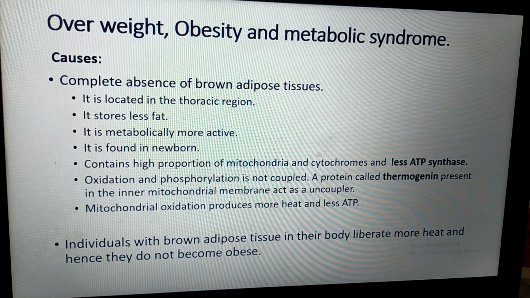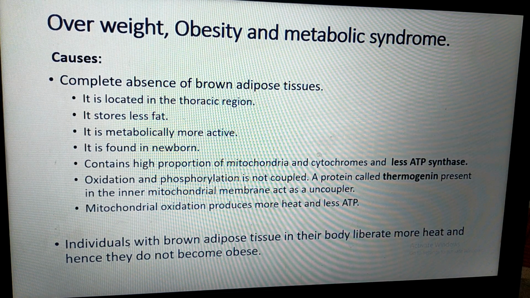One more correlation is the complete absence of brown adipose tissue. Now, I have told you previously, the main function of brown adipose tissue is to generate heat. This brown adipose tissue is located in the thoracic region. It stores less fat. It is metabolically more active. It is found in newborns. It contains a high proportion of mitochondria and cytochromes and less ATP synthase.